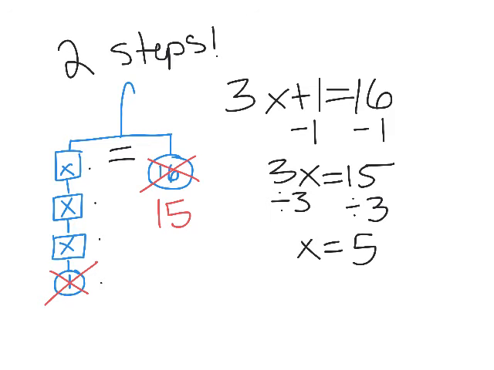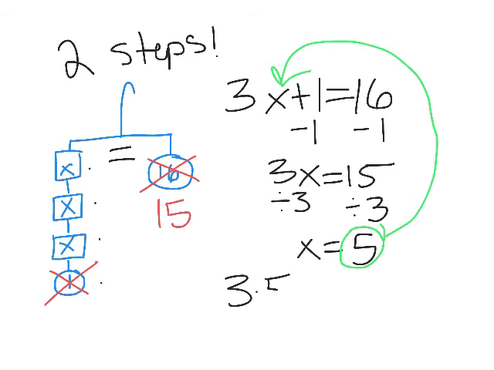And then we can test to see if our solution is true by putting that 5 back in place of the x, because if it's true that this is the solution, it should work. So then we can say 3 times 5 plus 1 equals 16. Is that true? Well, 3 times 5 is 15 plus 1 is 16. Yes, it's true.